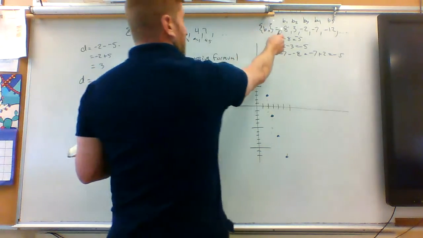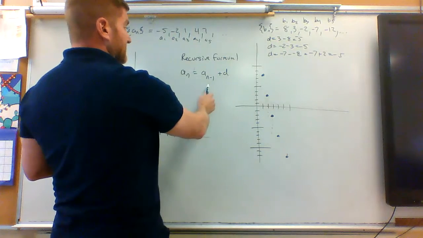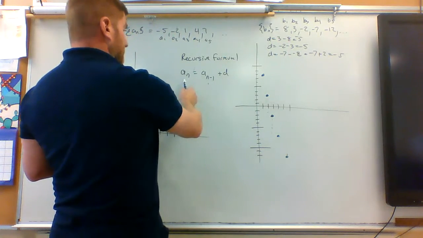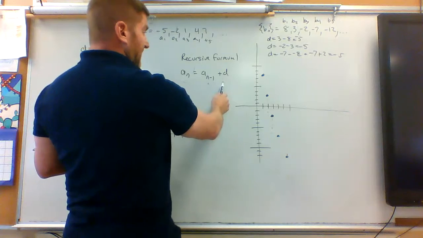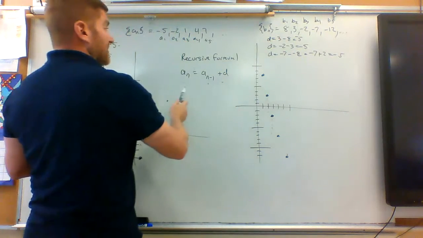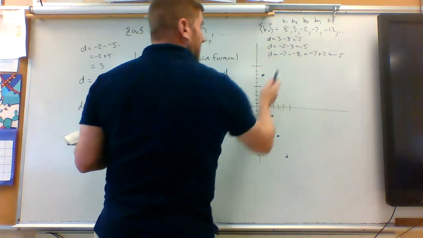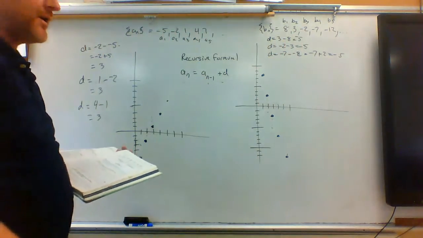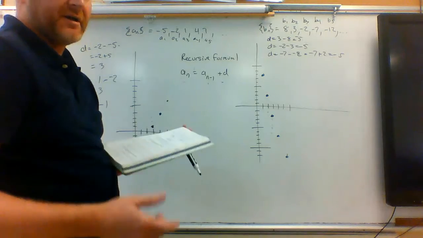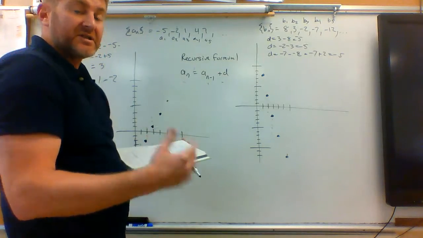Whether it's this, with A1 being 8, then your second term would be 8 plus a negative 5, which would be 3. Your third term would be the previous term, 3 plus a negative 5, which is negative 2, and so on. All right, but that would be the recursive formula for any arithmetic sequence.